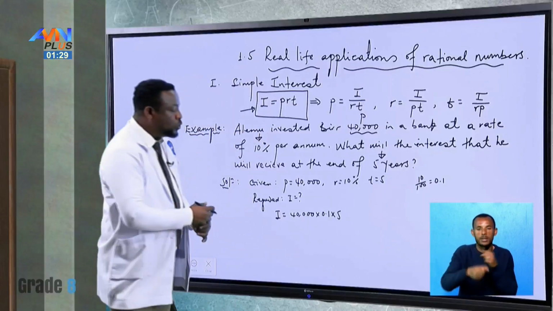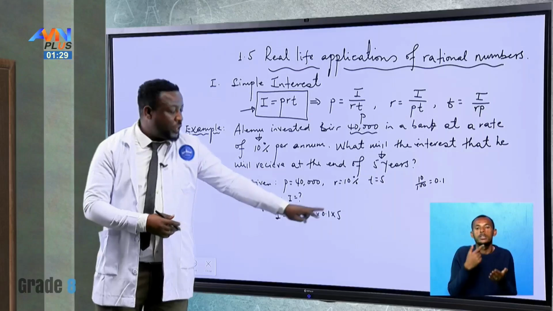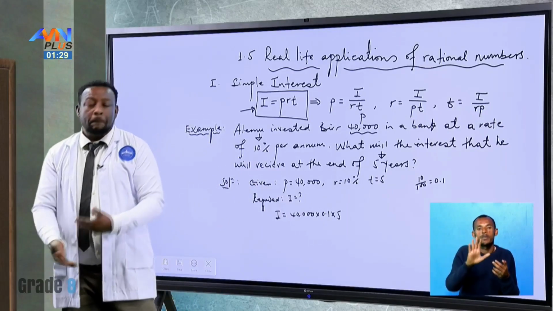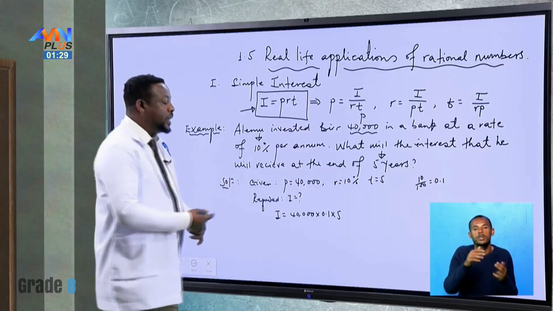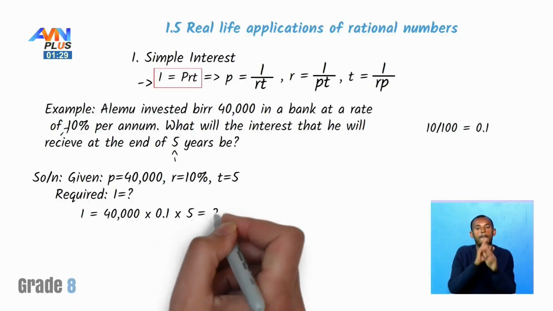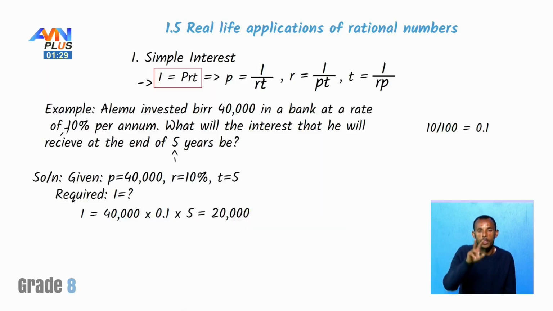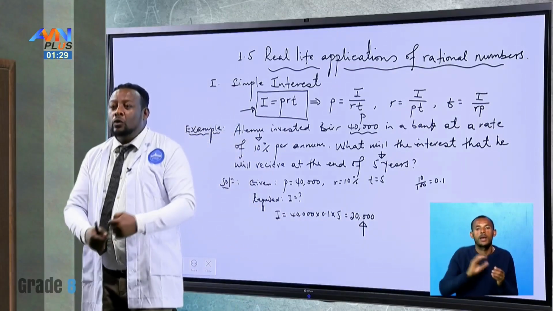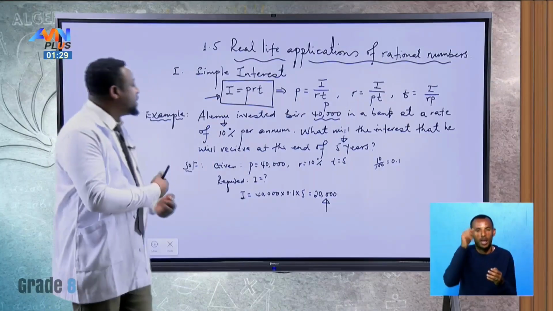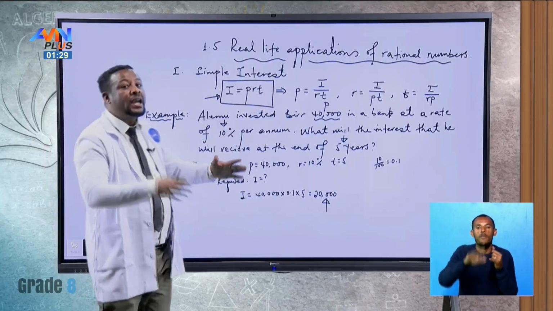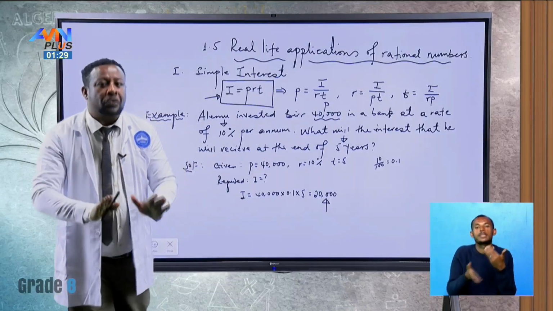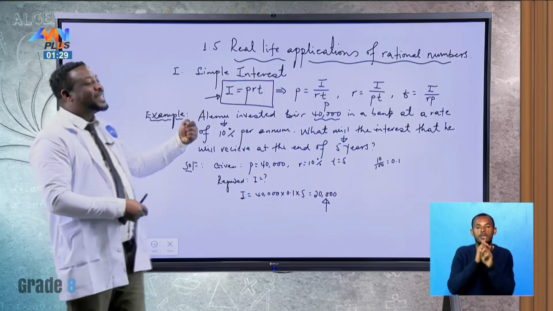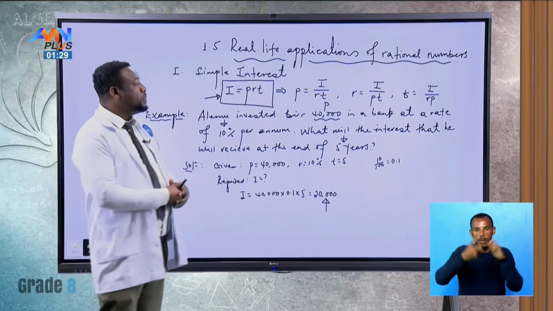You need to multiply these three numbers. 40,000 by 5 is 200,000. Multiply it by 0.1, and the result gives us 20,000. This number tells us the amount of money that he will be receiving by the end of 5 years in the form of simple interest, right? So this is how we answer these kinds of problems related with simple interest.